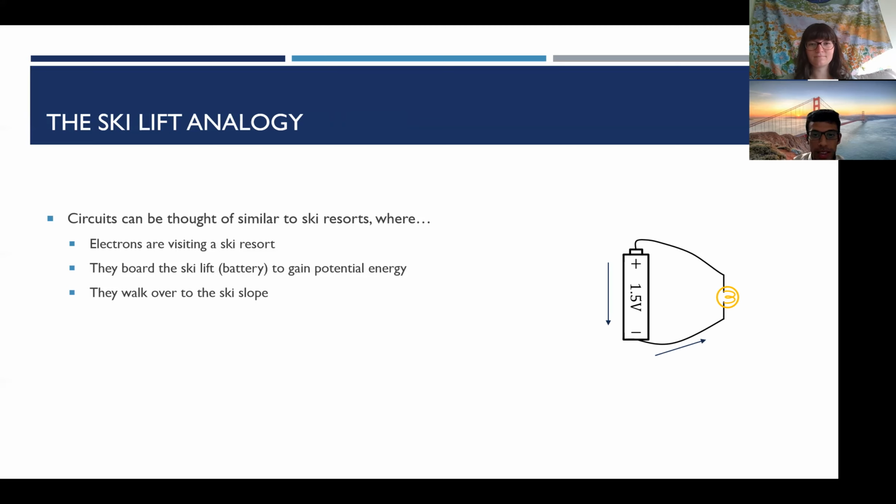So getting off the ski lift, the electrons are traveling towards the slope. Once they walk over to the ski slope, they're going to ski down it, and they're going to lose the energy that they gained by going up the ski lift in the first place. They're losing potential energy because of going down in terms of height.